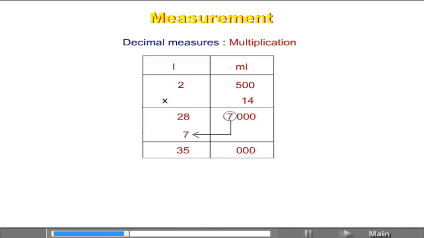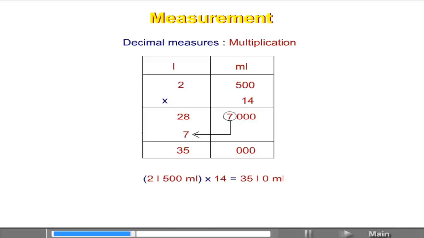Now think about 2 liters. Multiply 2 liters by 14. We get 28 liters. To this 28 liters, add the 7 liters that we have kept aside. Hence, 28 plus 7 becomes 35.